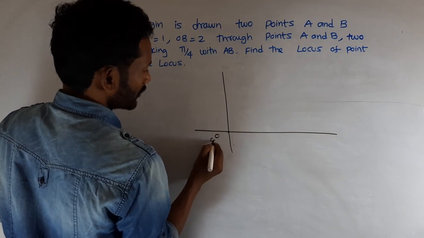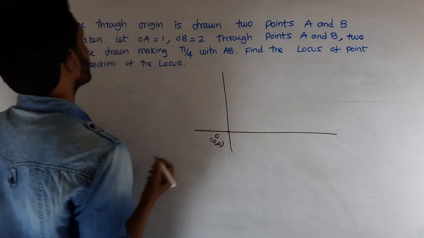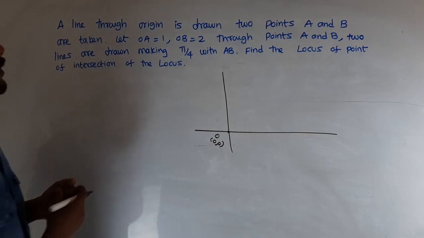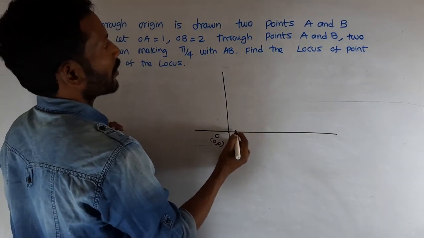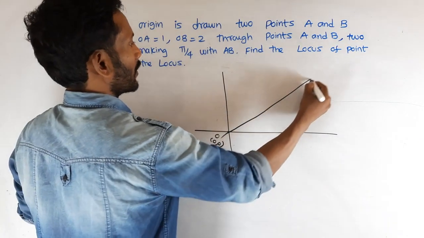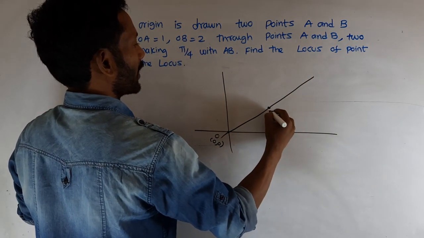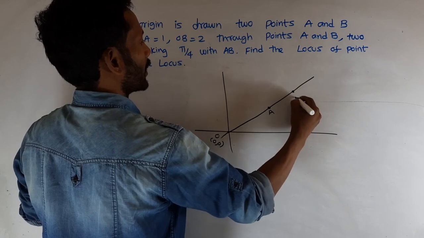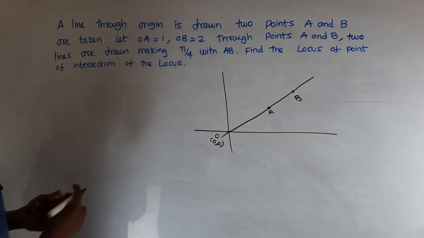Origin (0, 0). A line through origin is drawn, and 2 points A and B are taken.